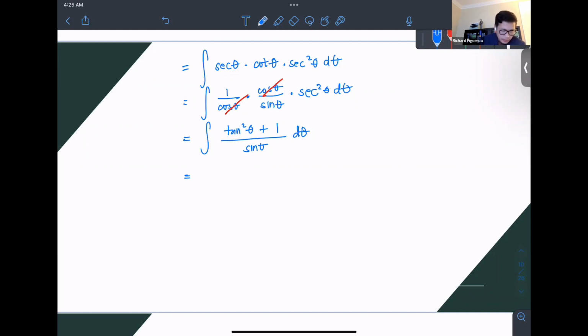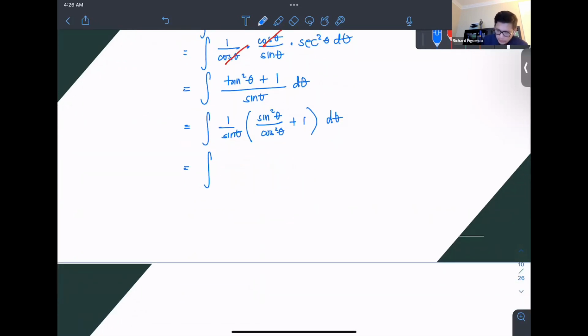Then afterwards, I can make this one the integral of 1 over sine theta, then multiply it with tangent squared, which is the same as sine squared theta over cosine squared theta plus 1, and multiply it with d theta.